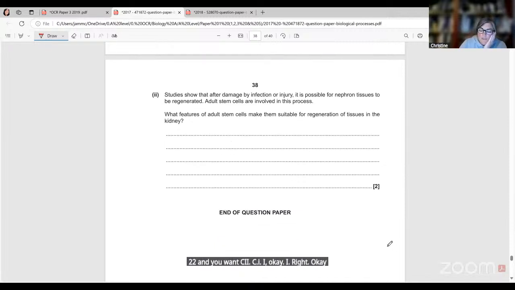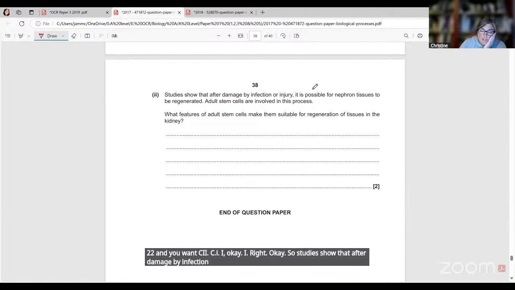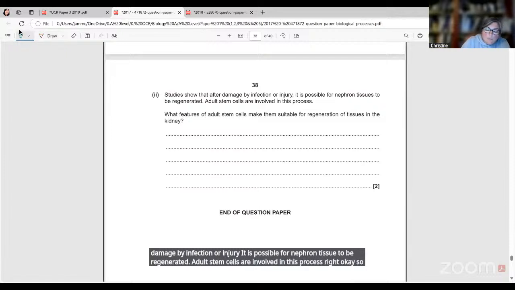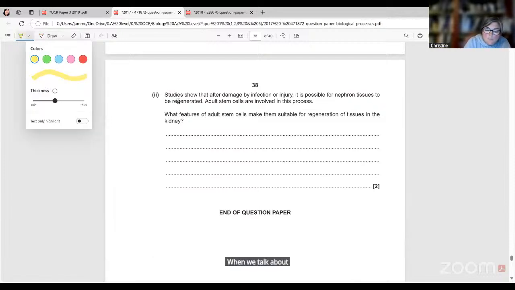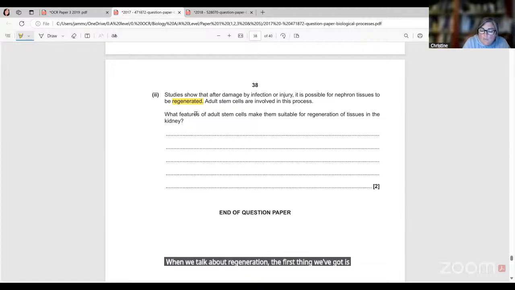So studies show that after damage by infection or injury, it is possible for nephron tissue to be regenerated. Adult stem cells are involved in this process. Okay, so the first thing we've got is we're being told regeneration.